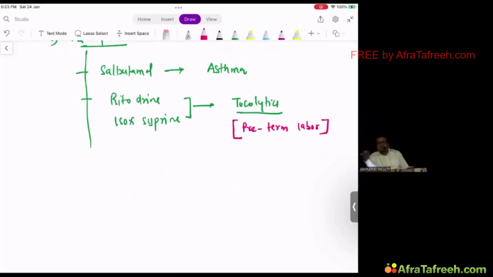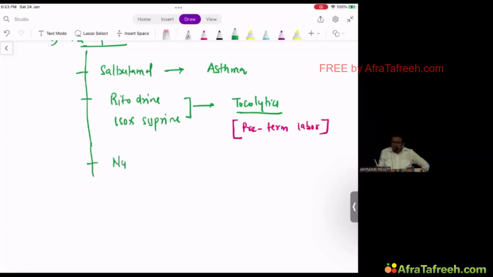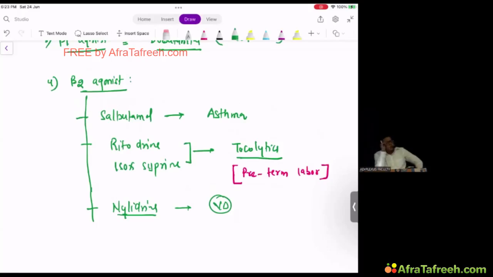Obstetric people will teach you everything about birth and related drugs. And the third is a drug called nylidrin. Nylidrin can be used as a vasodilator. These are beta-2 agonists. Nylidrin is a vasodilator, not very important, not discussed. Tocolytics will be discussed in detail in OBG. Salbutamol we will discuss tomorrow in the chapter on asthma. Not to be discussed here.